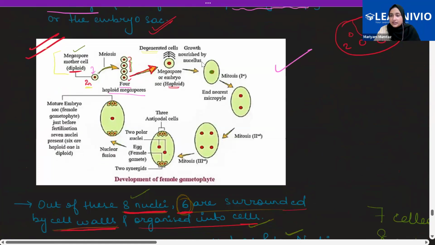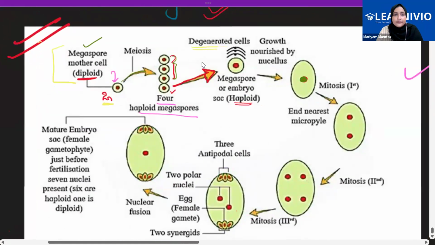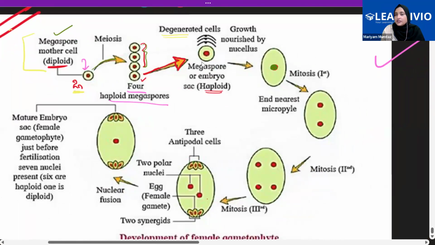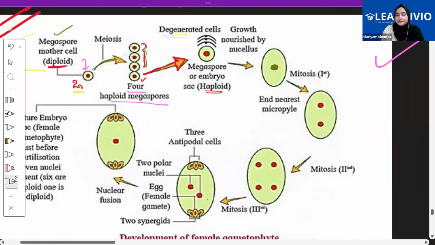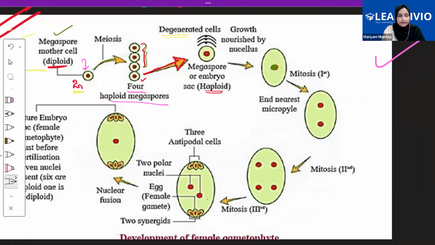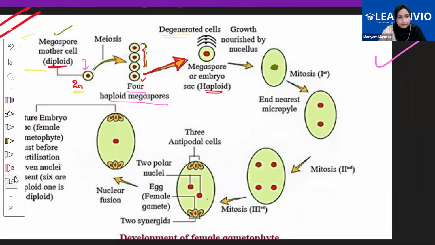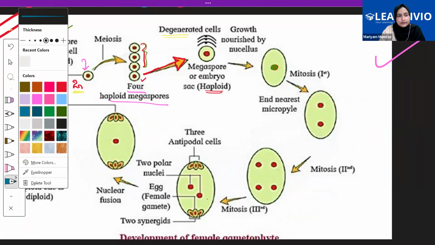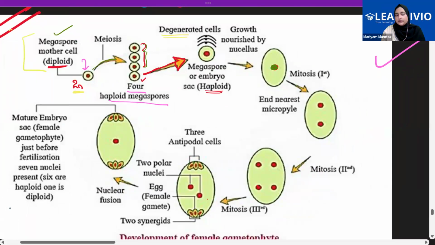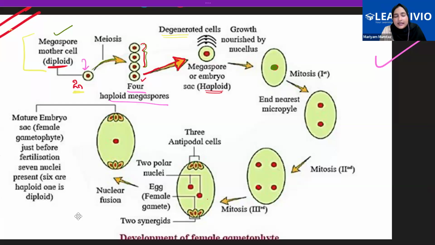Now you will understand it better once you see this particular diagram. Wait, let me change the color of the image. All right. So there is a megaspore mother cell, which is a diploid cell.